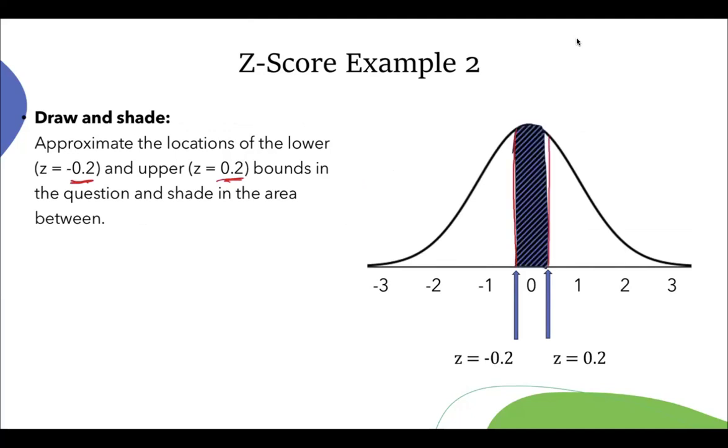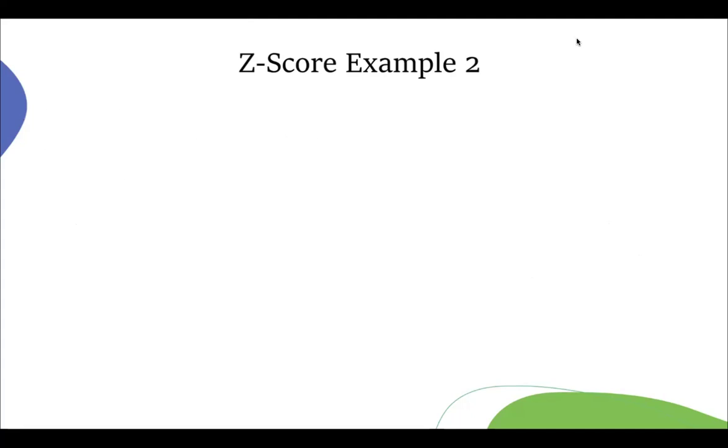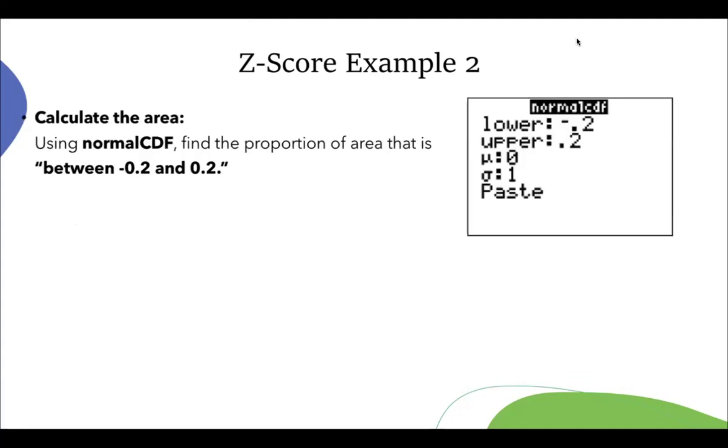Shade in the area in between. That's the probability. The area is the probability. So our lower bound is negative 0.2, upper bound positive 0.2, mean and standard deviation are 0 and 1. So we go back to normal CDF and use that information.